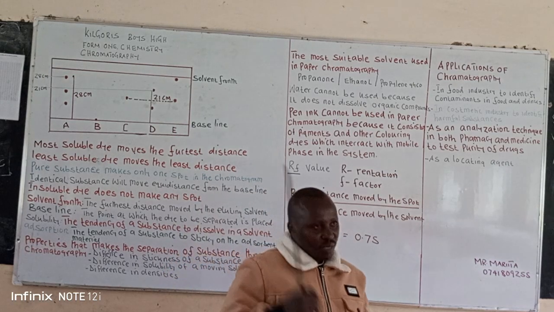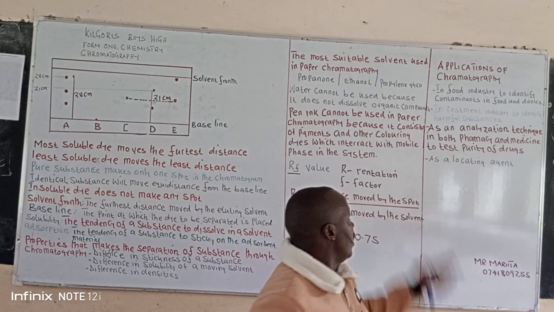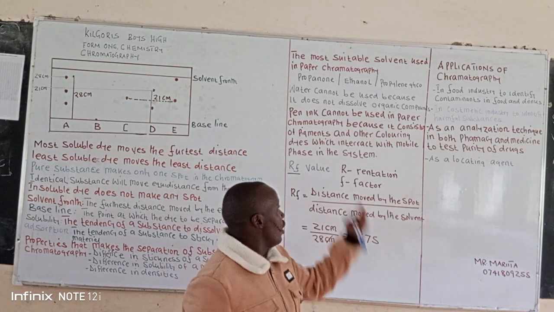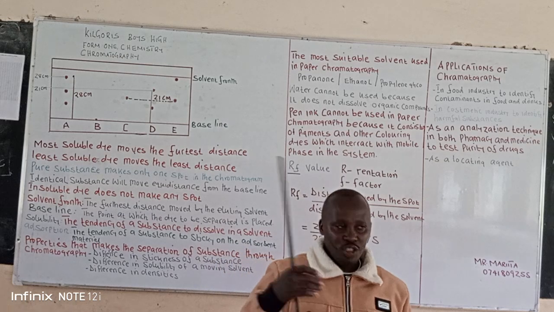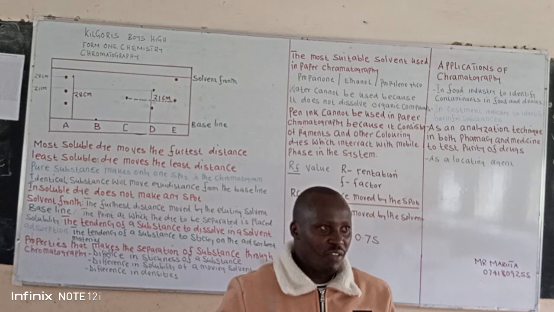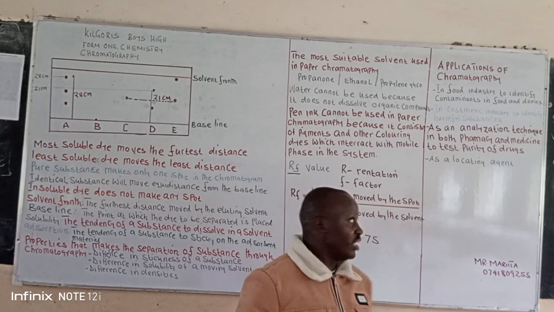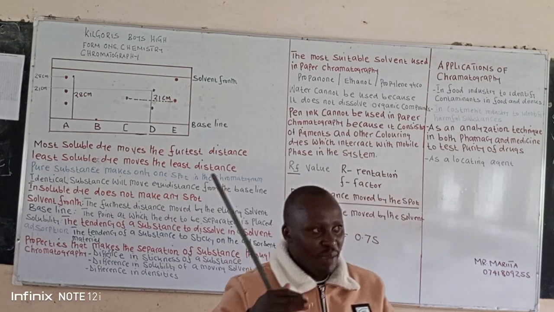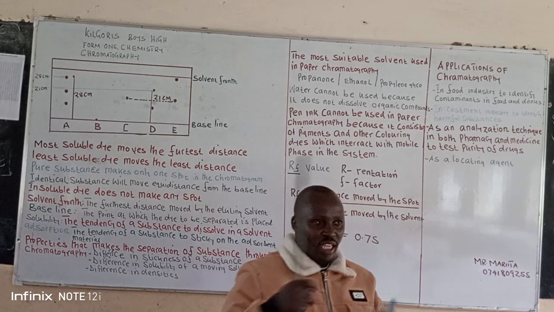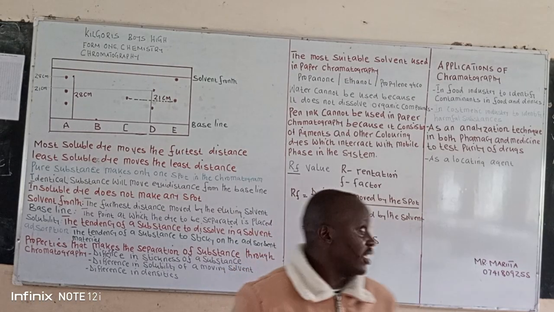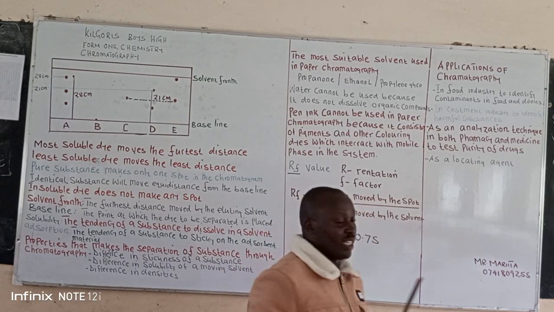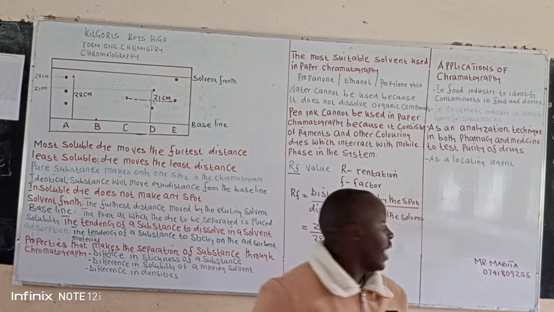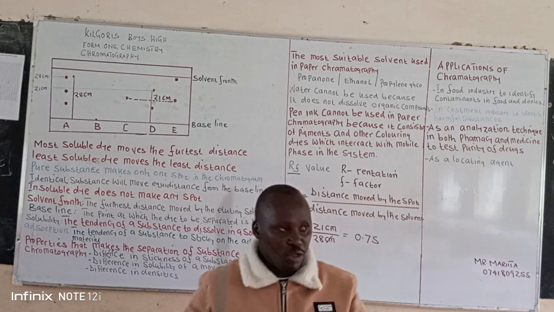Now, sometimes you are also required to give one or two applications of chromatography. You can say chromatography is used in industries to identify contaminants in foods and drinks. It is used in the cosmetic industry to identify harmful substances. It is used as an analytical technique in pharmacy and medicine to test the purity of drugs.